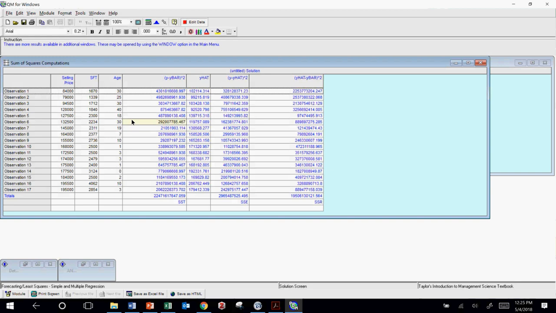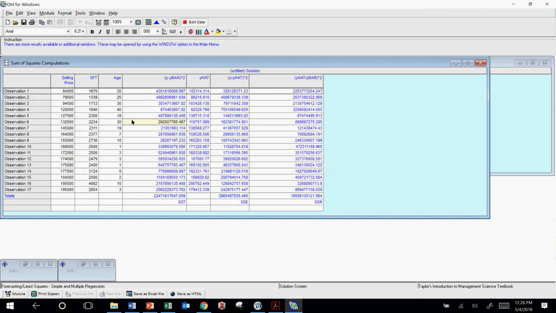So for example, location. Location may certainly relate to selling price, but we can't use location as a predictor because there's no way to increase or decrease unless you're using numerical values like location 3, location 2. And that's an entirely different type of interpretation that you'll get in the statistics.